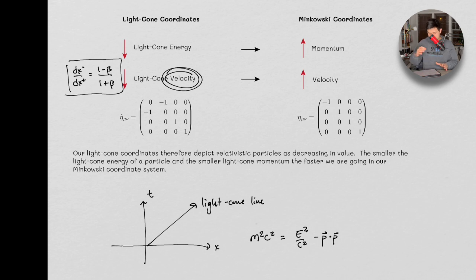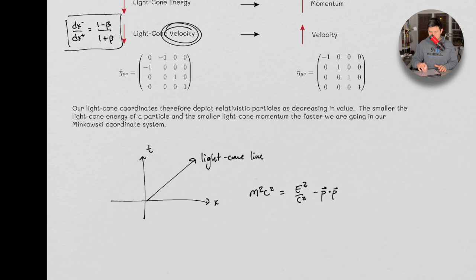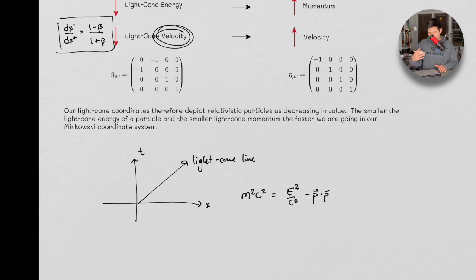That's the point I want to get across, because in special relativity, if you're moving closer to the speed of light, you have less and less rest energy, which is E equals mc squared.